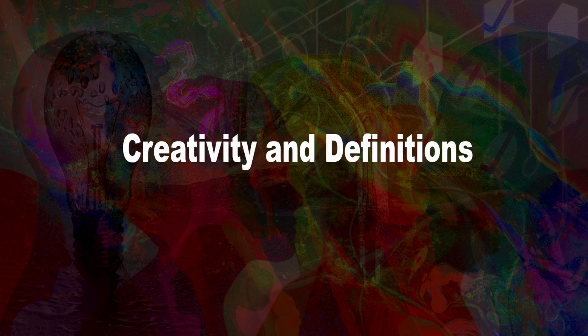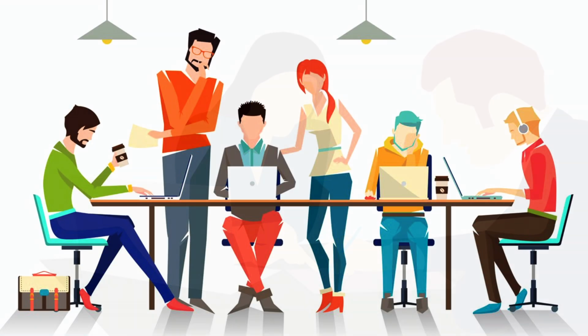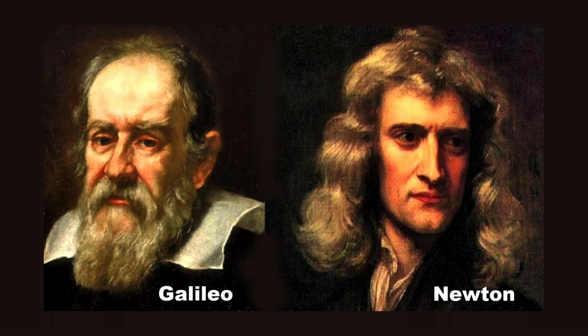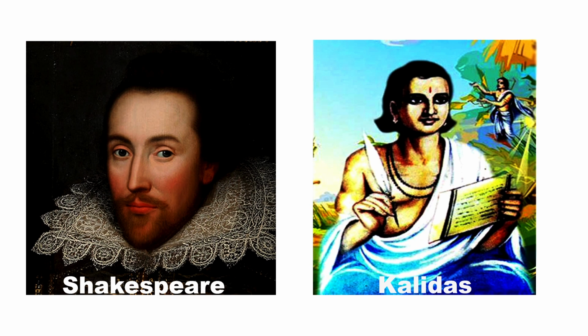Creativity and definitions. Man is a creative being. Each individual has his or her own potential to perform every task in his or her own manner. There are many creative people. There are scientists like Galileo, Newton, or writers like Shakespeare, Kalidas and many others.